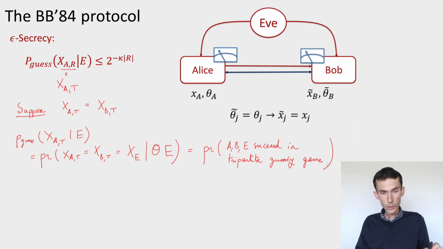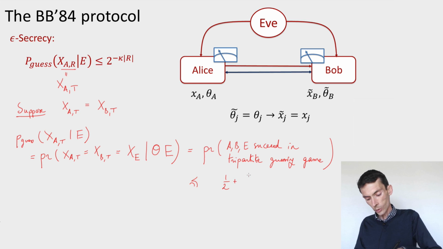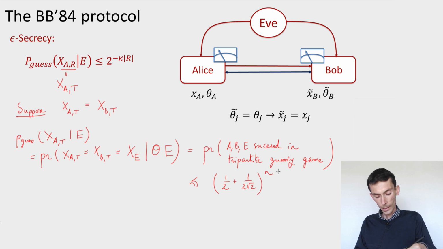And this we bounded. We saw that this is always going to be at most a half plus 1 by root 2, to the power of the number of rounds, which in this case is n. And this is approximately equal to 2 to the minus 0.23 n, if you do the calculation.